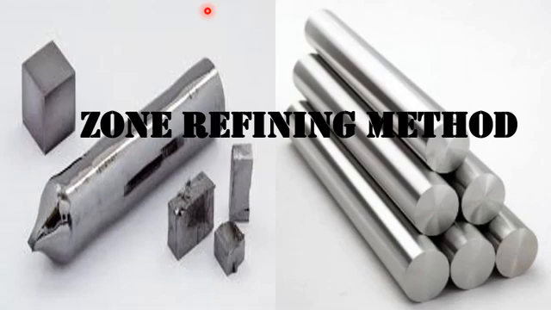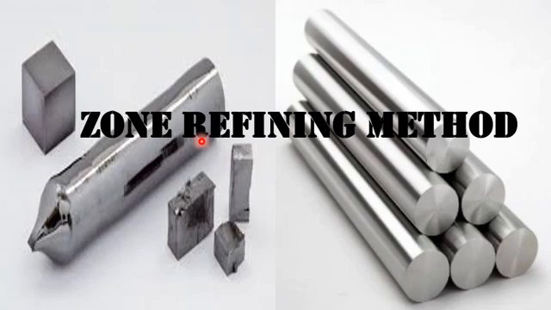It is employed to get high purity or ultra pure samples of different kinds of substrates. So this method is basically used in the semiconductor industry to prepare highly pure single crystalline substrates or single crystalline samples.